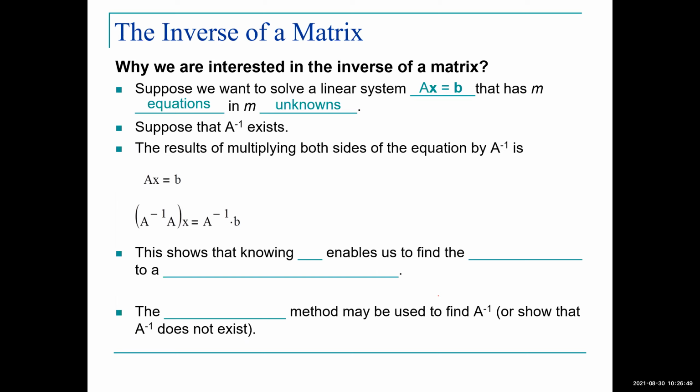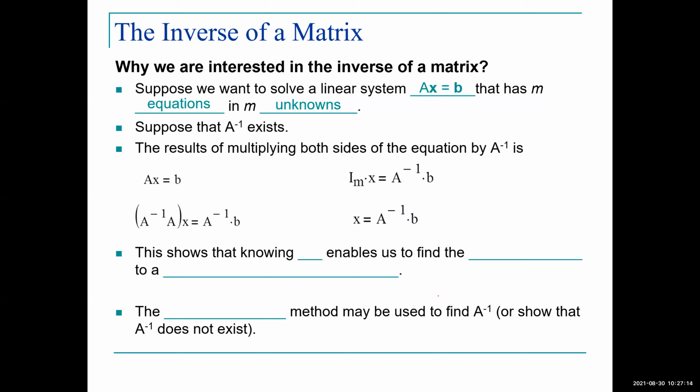The right-hand side. If we go through that process, we know that on this side, we're going to get the identity matrix. We showed that already. And if we multiply this side, we get the inverse times B. So the identity matrix times X equals the inverse of A times B.